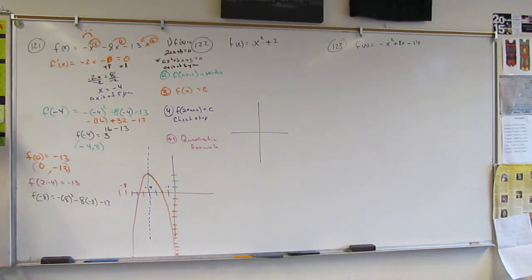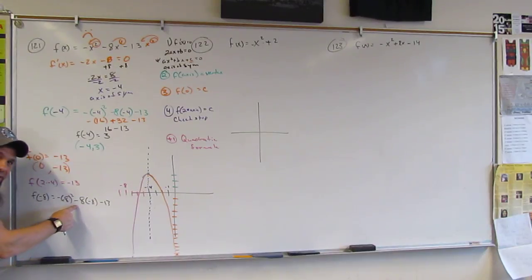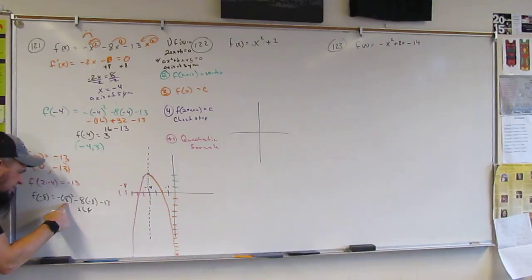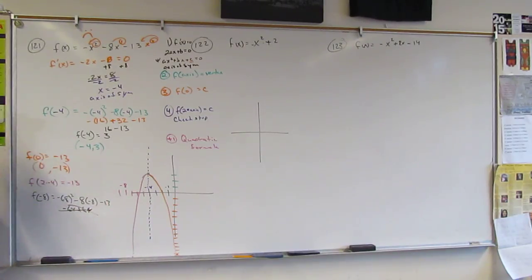And so when we think about that, a negative and a negative make a positive, right? Plus 64. And then this is 64, and that's negative. So those are going to cancel, and it gives me 13, right? So this is right. That's my graph. My graph is good. Does that make sense?